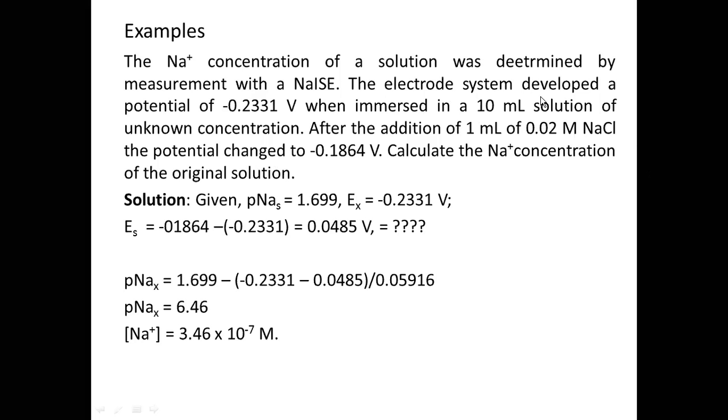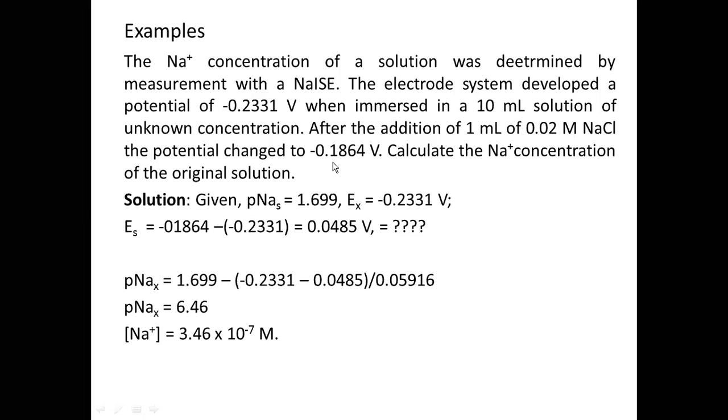Meaning, in this unknown solution, what is the concentration? So pNa is equal to 1.699. pNa means sodium in the standard. This is the standard. The concentration of sodium in the standard is 0.02. So the negative logarithm of 0.02 gives pNa, that is 1.699.